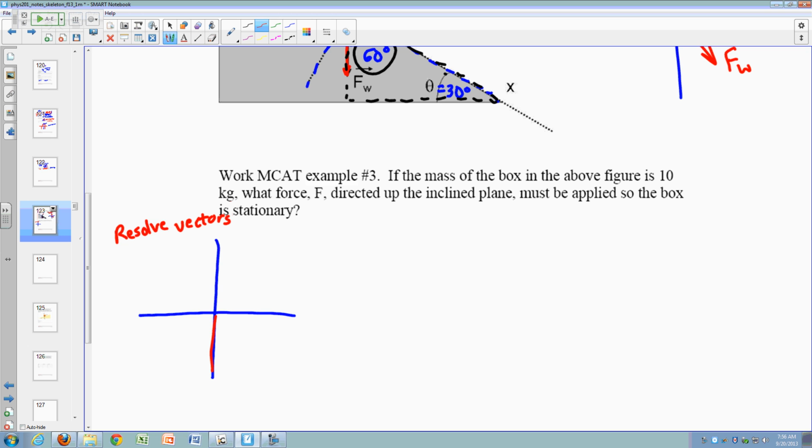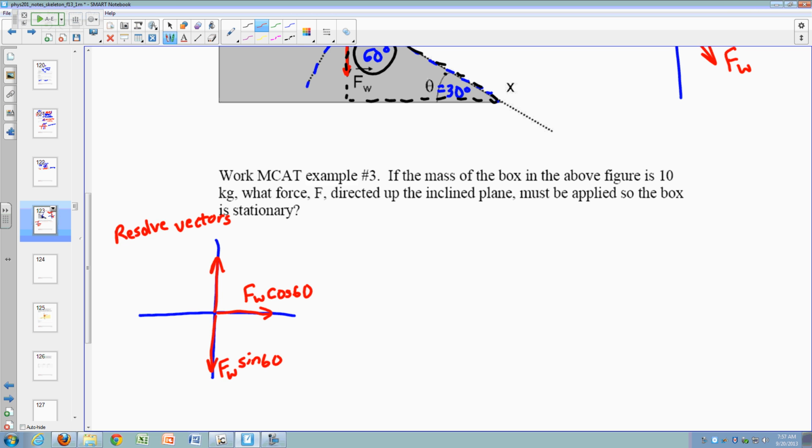So I'm going to have FW times what to get the y component? Times the sine of 60, right. And then I have FW times what? Cosine of 60.